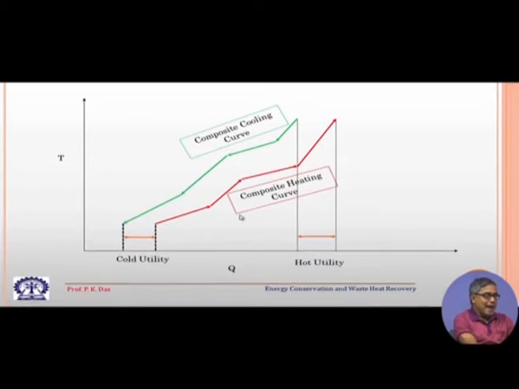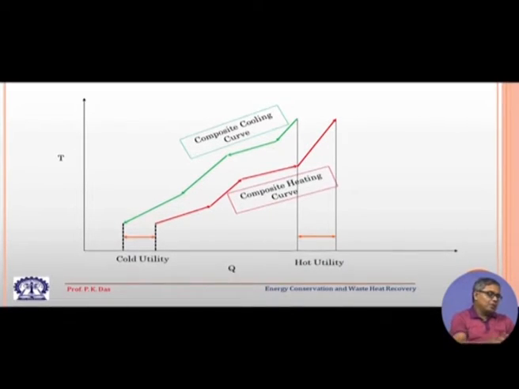And we can have some idea regarding pinch temperature also from these two curves. You see, if we try to bring these two curves close together, then more internal heat exchange is possible and very little cold utility and hot utility are needed.